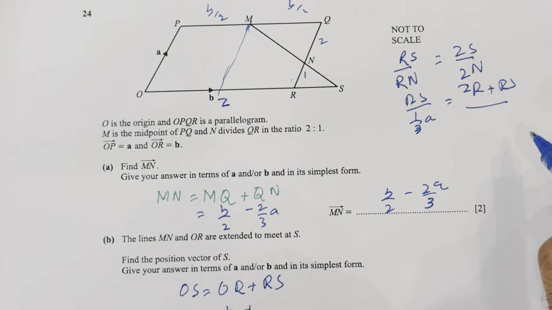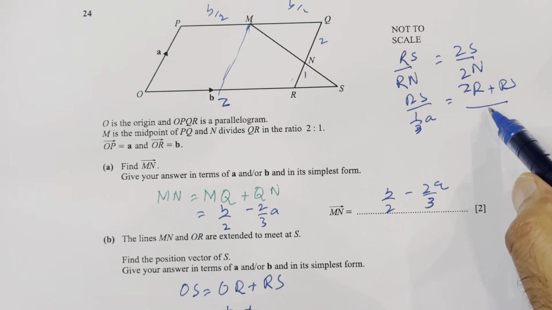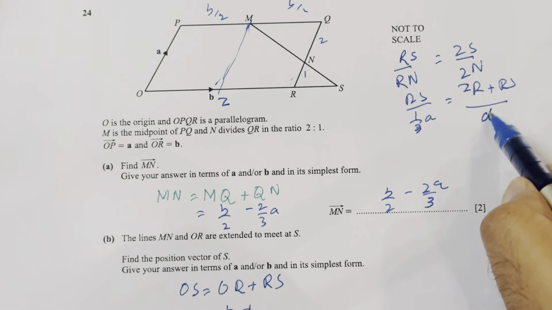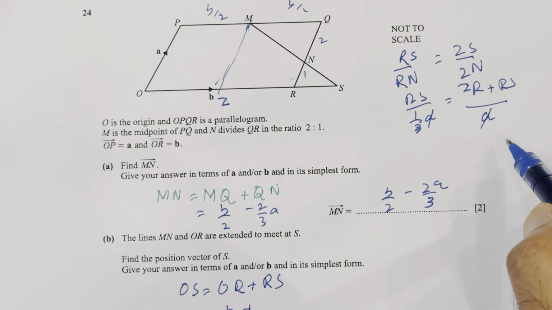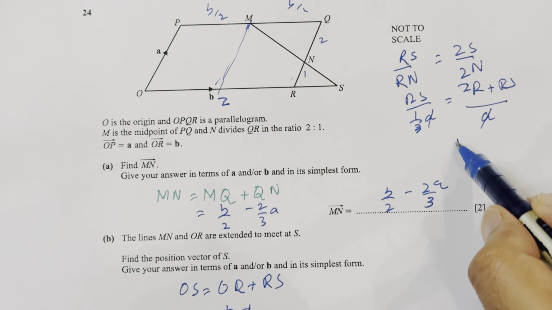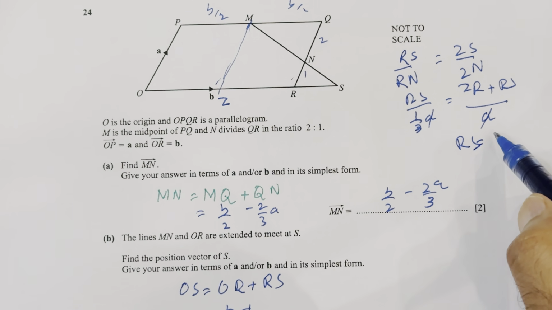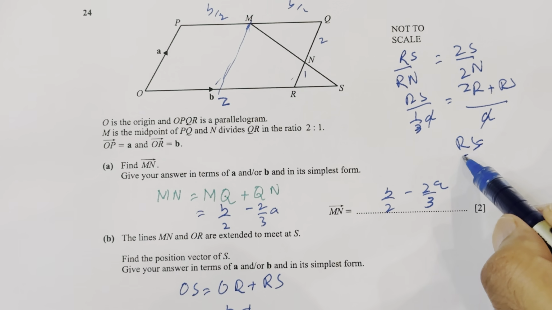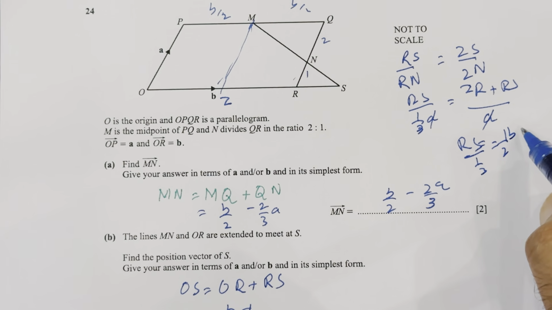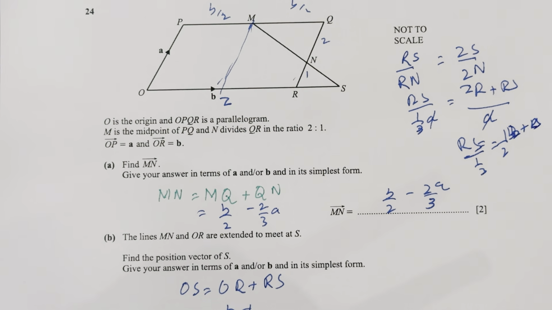The value of ZM is equal to A, because this value is A. So we're going to cancel A with A, and we get the remaining value of RS, that is RS over 1 by 3, and ZR is equal to 1 by 2 B plus RS.